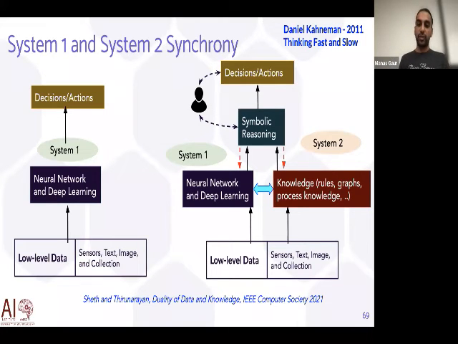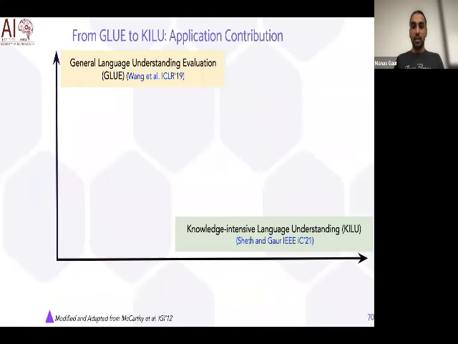And we told you about the three forms of infusion, which are shallow, semi-deep, and deep infusion. And where we are working right now is more towards the deep infusion structures. So in this arena of knowledge infusion, the data sets that we already have, which are benchmarking the natural language processing community algorithms, are the General Language Understanding Evaluations.